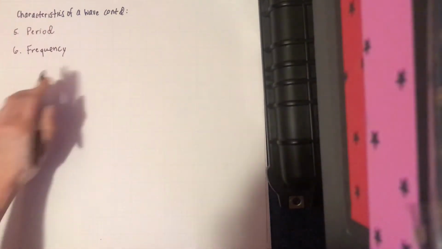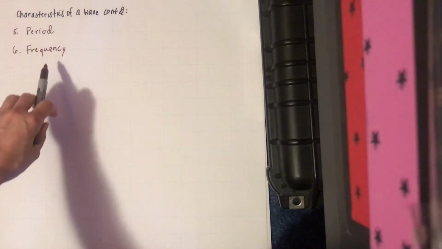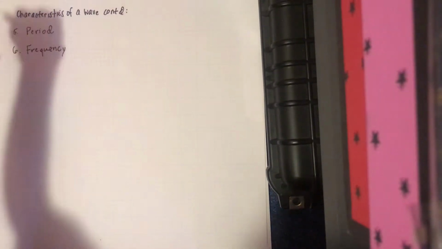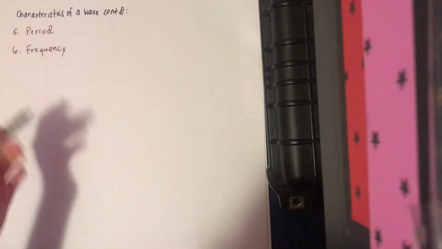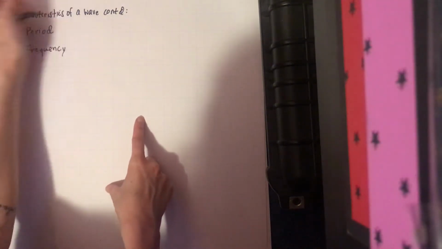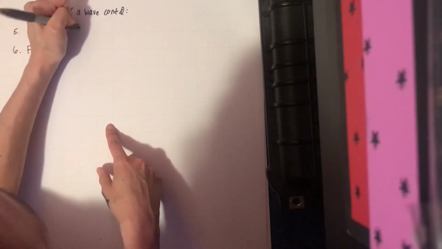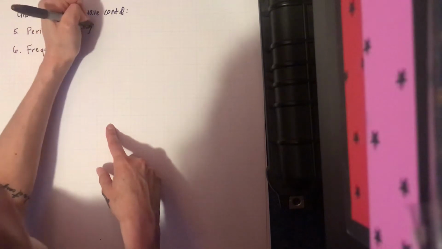Now, we addressed the period when we were dealing with circular motion, and in circular motion, the period had represented the time for one complete cycle. Well, the same is going to be true in the context of waves. So the period can be defined as the length of time for one complete wave cycle.